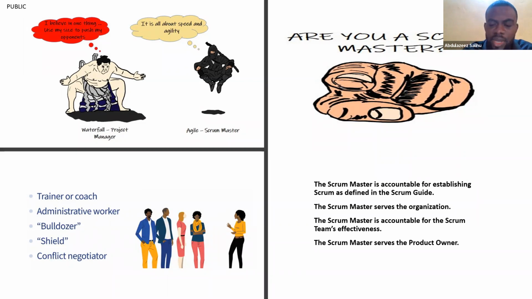The Scrum Master serves the organization. That is, he or she should be one of the Agile champions. The Scrum Master is accountable for our Scrum team effectiveness.